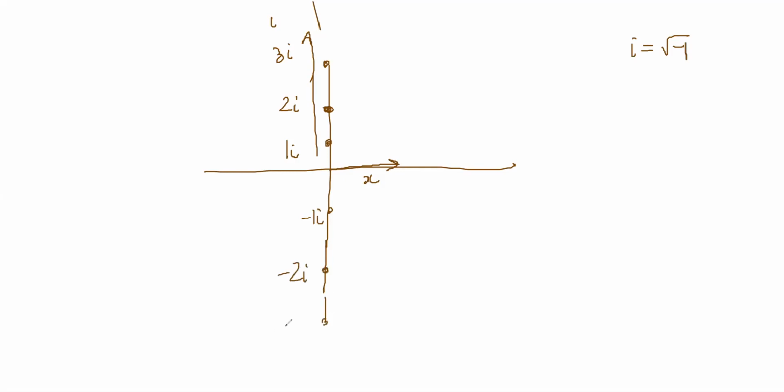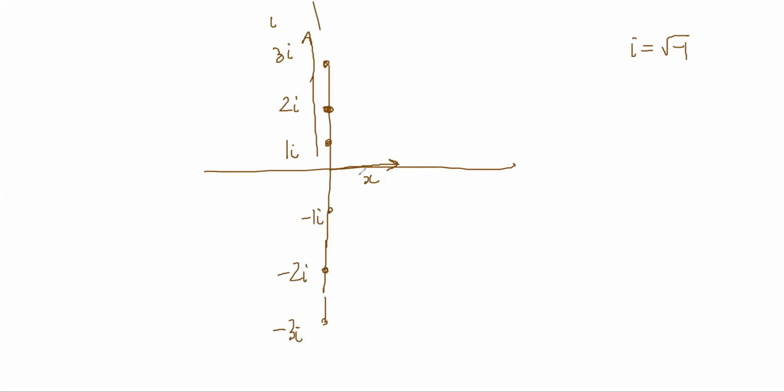The main thing is, i is equal to root minus 1, that's fine, but any point is being written as: this is the x coordinate, this is the y coordinate, and this is the i axis. Everything here is in i. So this is 1i, 2i, 3i, and so on, and minus 1i, minus 2i, minus 3i.